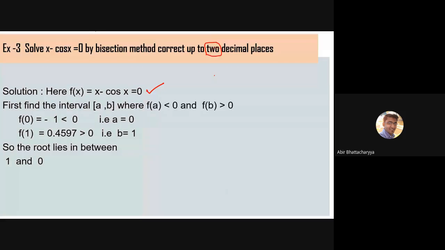So here f(x) equals x minus cos x. You don't need to write 0, or you can write it, whatever is possible. First we'll go for the hit and trial method.